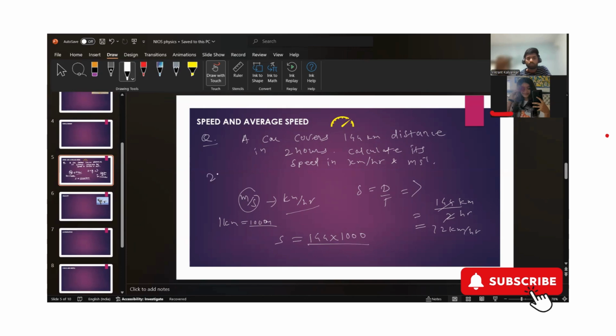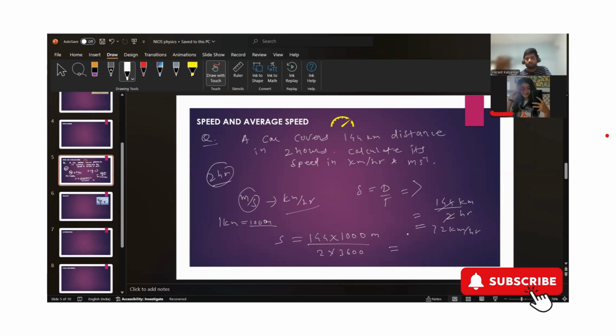This value is now in meter. Now convert this 2 hour into seconds. We multiply with 3,600. So 2 into 3600 will be 7200. Correct.